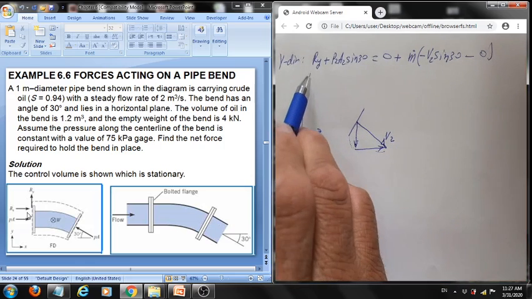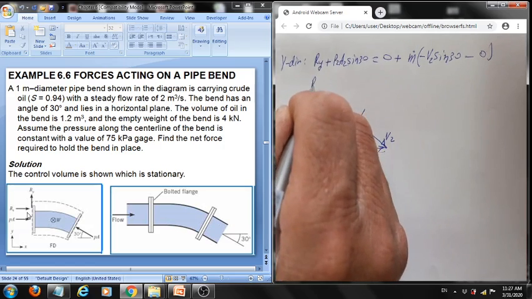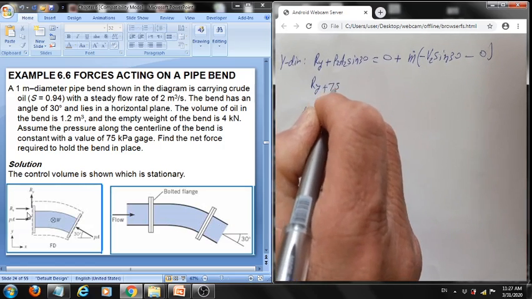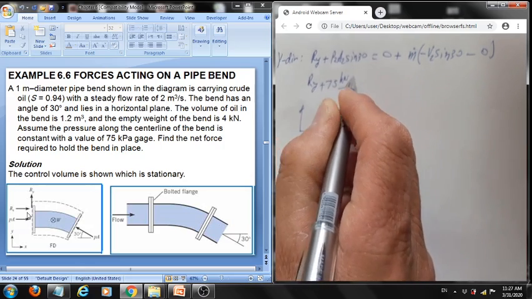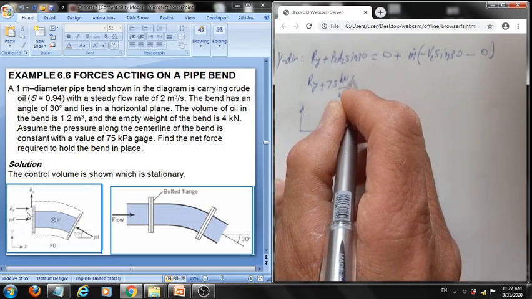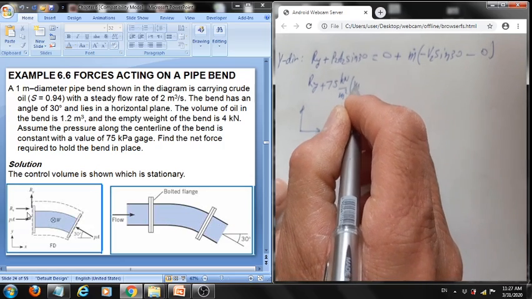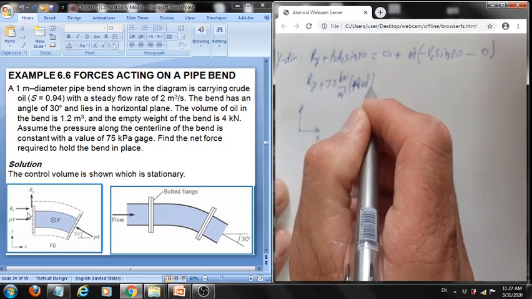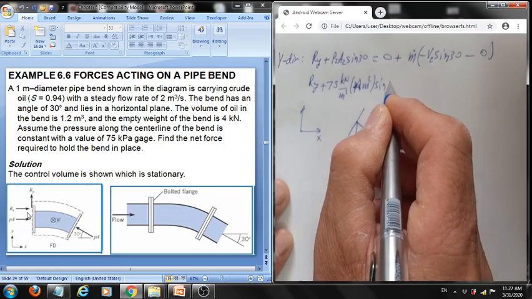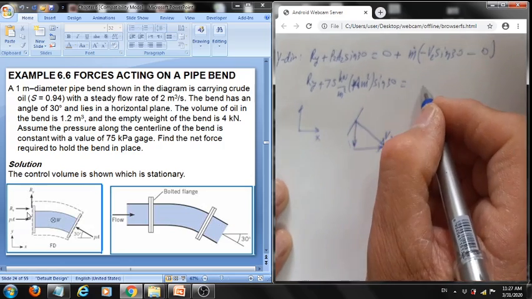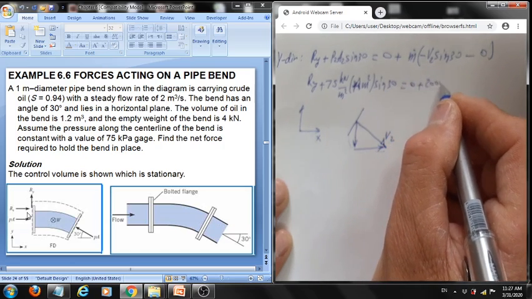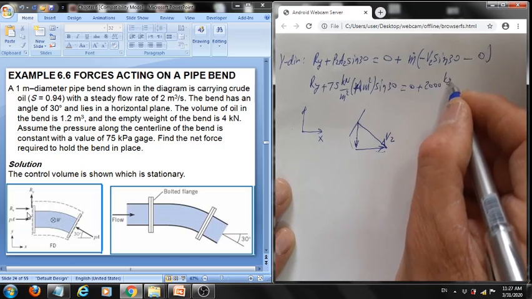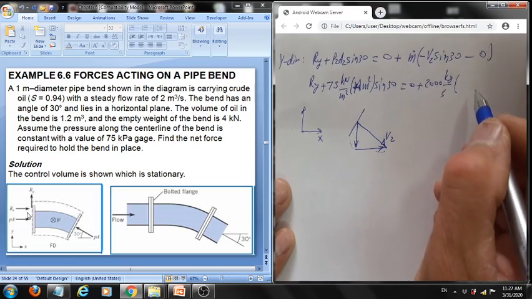Again, by substituting the right numbers, we have Ry plus 75 kilonewton over square meter, as we did before, times area in meter squared times sine 30, equal to 0 plus, as we computed the mass flow rate, which was 2000 kilogram per second.